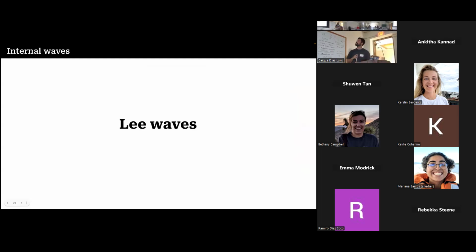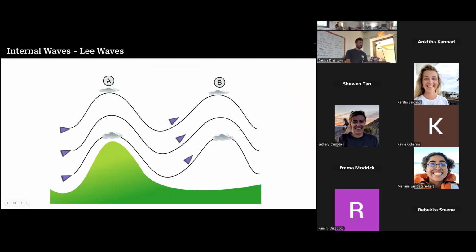And last, we're going to talk about lee waves. Lee waves are a kind of wave that happen when you have background flow interacting with topography. These waves are standing waves. This is an example from the atmosphere. You have all these ups and downs that happen in the lee of topography.